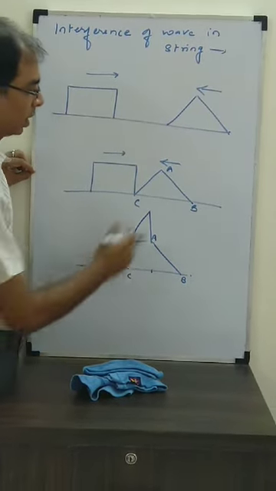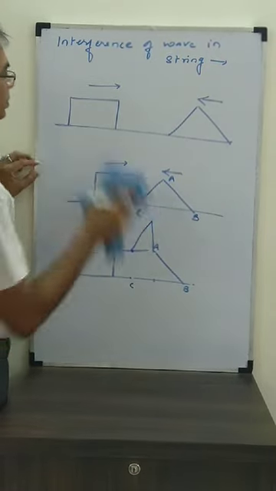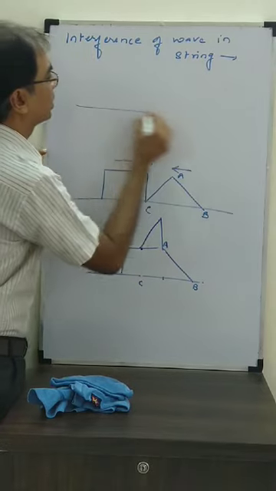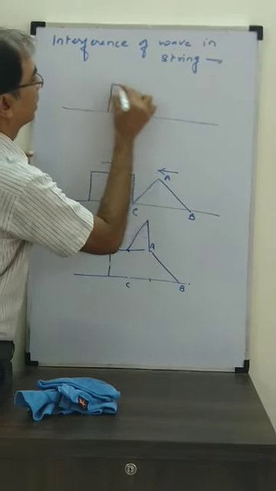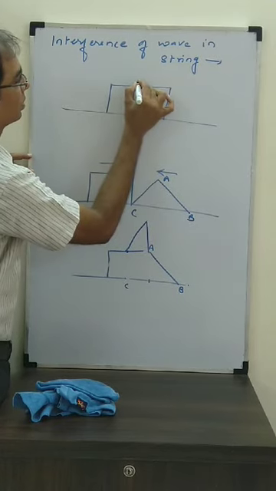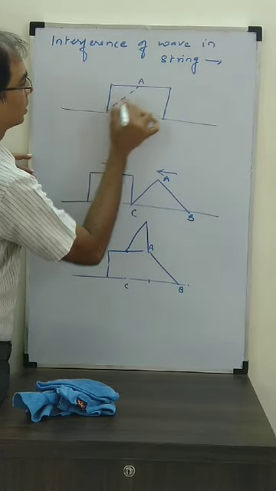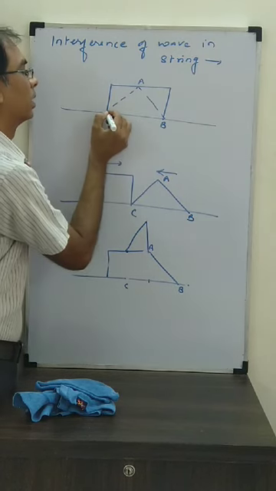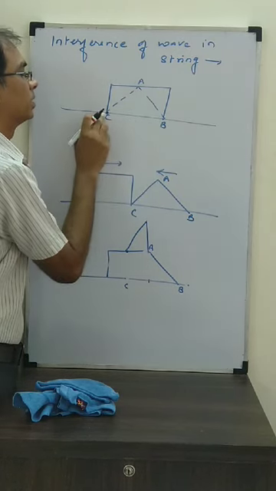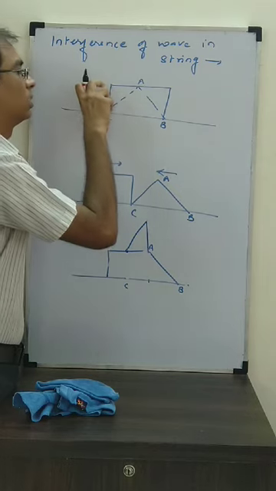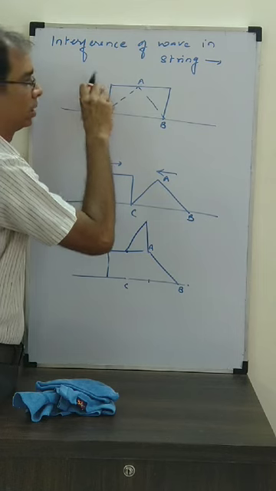Is that clear? After this instant, what will happen? Suppose the next instant is something like this, the rectangle, and this A point is somewhere here, and this is C and this is B. Now how will it appear? Again, the triangular pulse displacement here is 0, the rectangular pulse amplitude is this A. So resultant will be A only, so no problem.